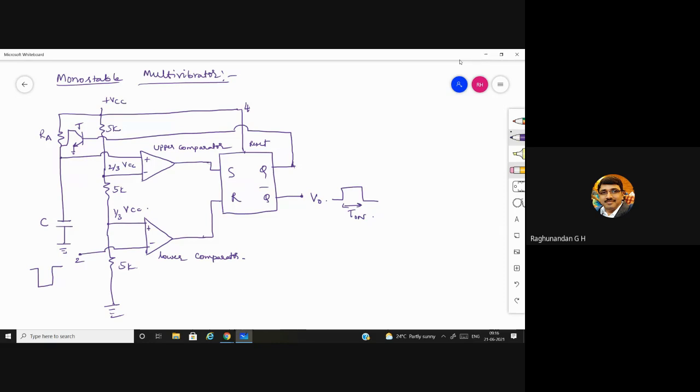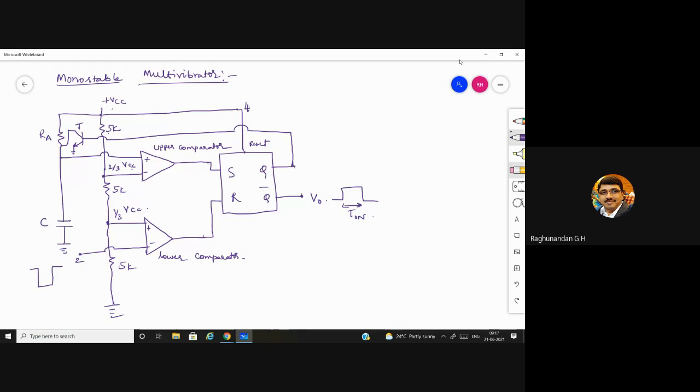Now, based upon the voltage drop at the individual level. At the first level we have just 5K, so it will show almost the same voltage as VCC because it is directly connected. But at this particular point, it will be 2/3 of VCC. The voltage at this point will be 2/3 of VCC. At this point, it will be 1/3 of VCC.